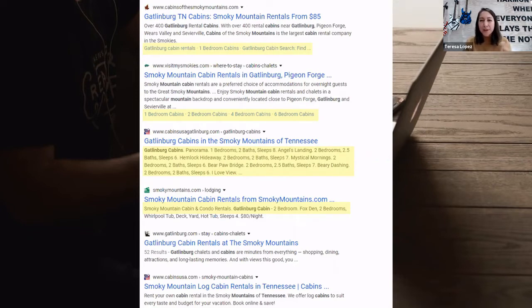If you're on the SEO side and are looking at this, you'll notice that for the meta descriptions, it looks like Google is pulling in what they think is going to be best suited versus what the specified meta description is. But I think that even makes the point more that seeing all of these different numbers of bedrooms coming in really shows that Google understands that people care about the different options you have in terms of cabins.